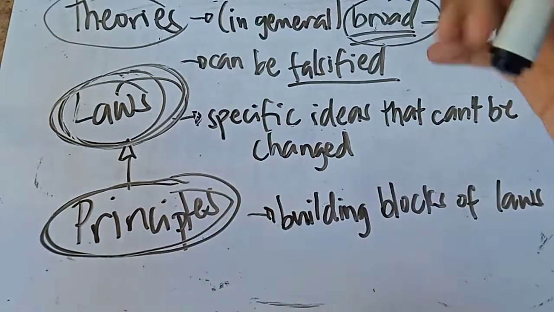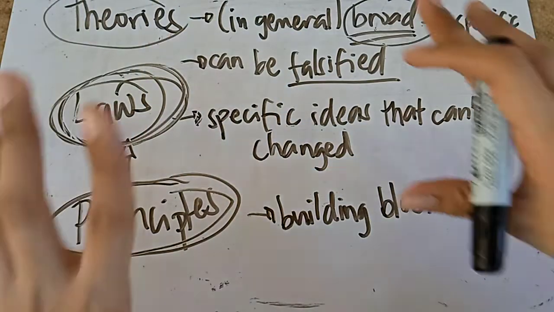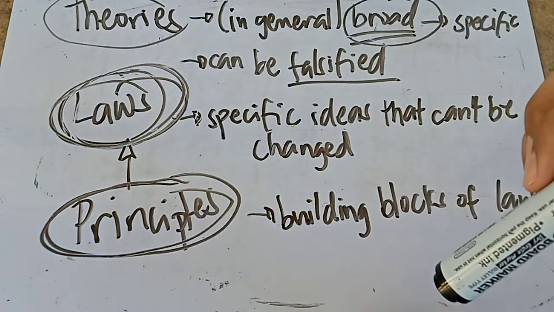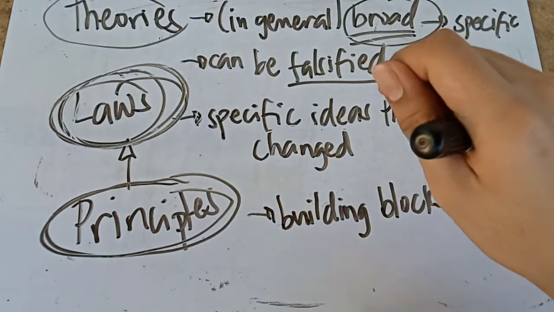So that is the main difference between theories, laws, and principles that are derived from basic research.